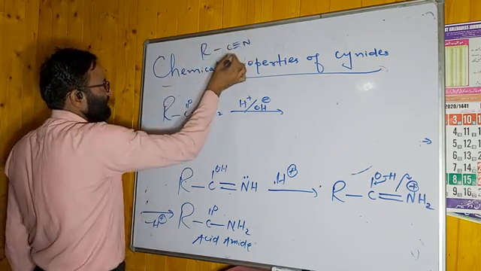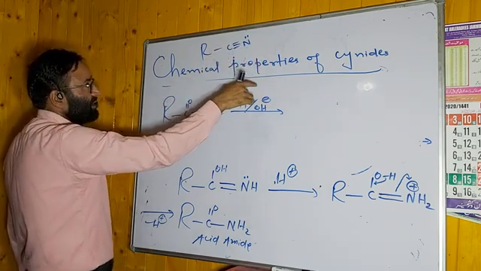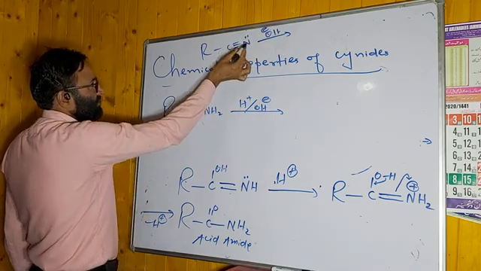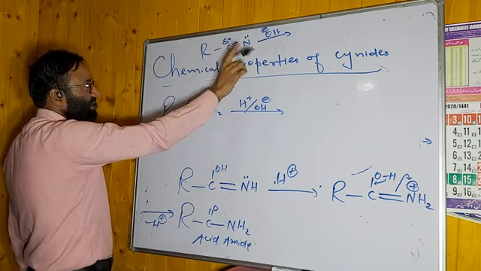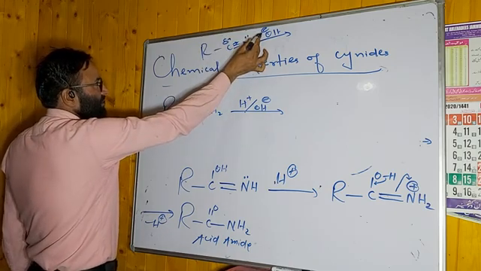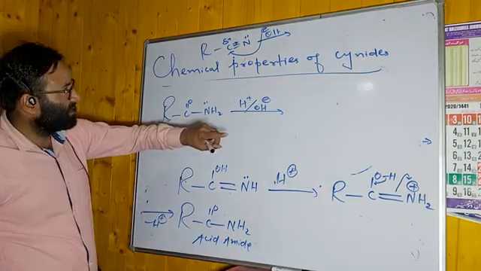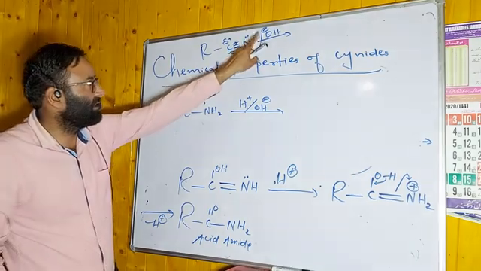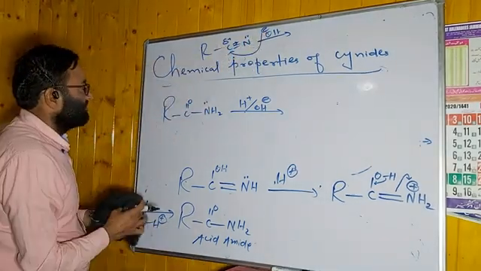When the medium is acidic, first there will be protonation on nitrogen. If the medium is basic, what will happen? OH minus will attack here, where nitrogen is more electronegative and the plus charge will come. When the medium is basic, the hydroxyl ion will attack this carbon. This is the simple difference. If we take acidic medium, H plus will protonate nitrogen. If we take basic medium, OH minus will attack the carbon. This is the simple difference, but the reaction occurs in both ways.